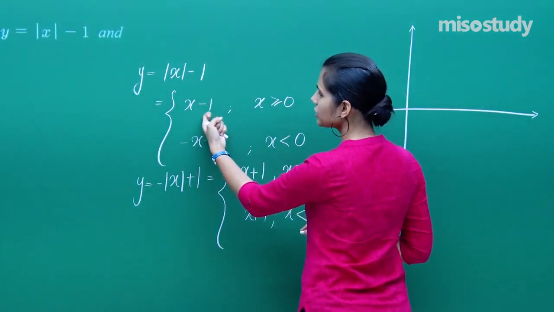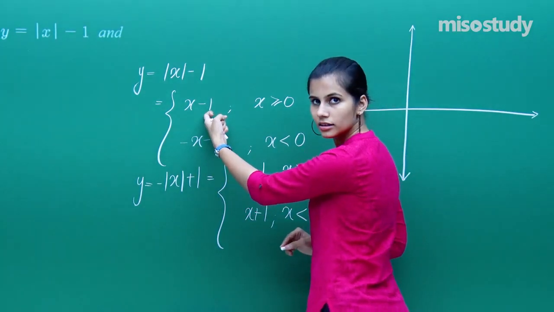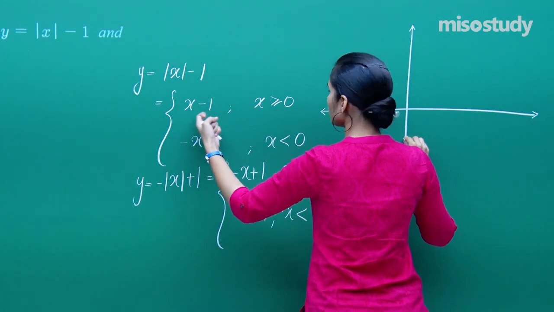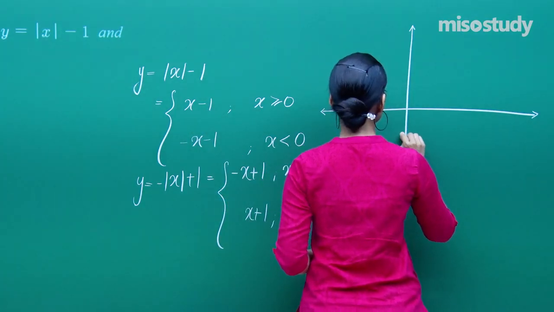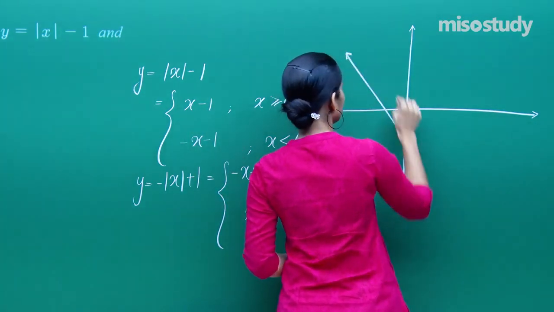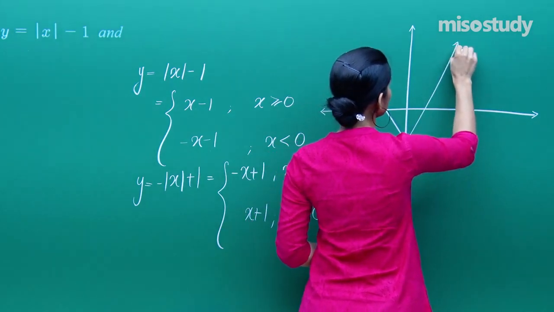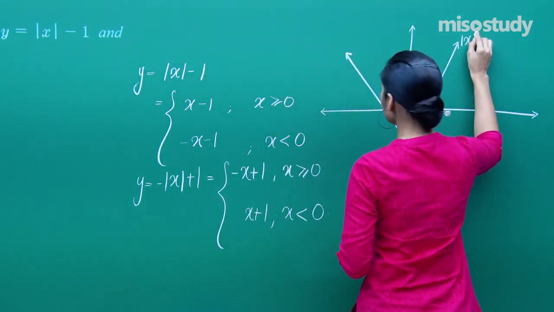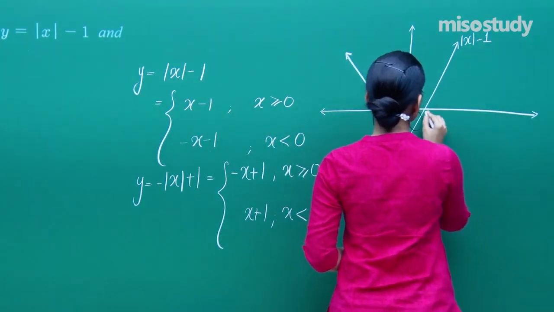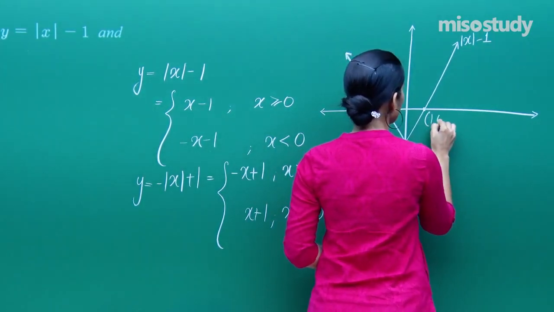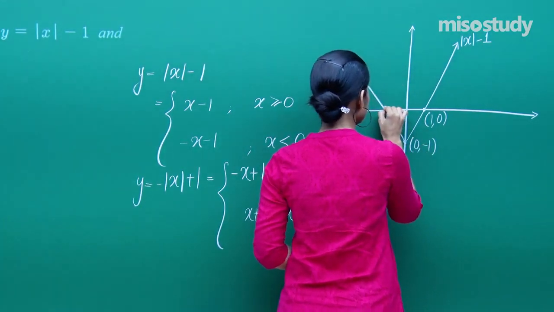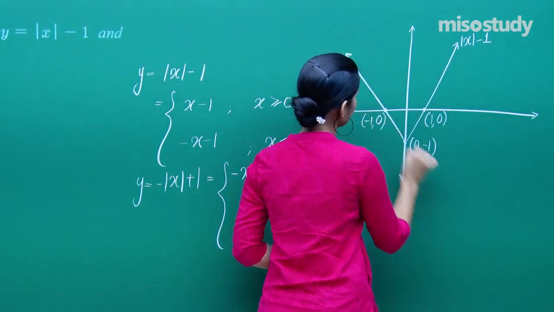When you put x equals 0, you get minus 1. When you put x equals 1, you get 0. This is what you get as the curve of mod x minus 1. This point is 1 comma 0, this point is 0 comma minus 1, this point is minus 1 comma 0.